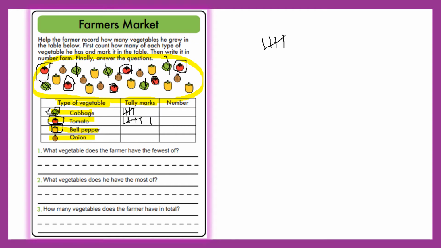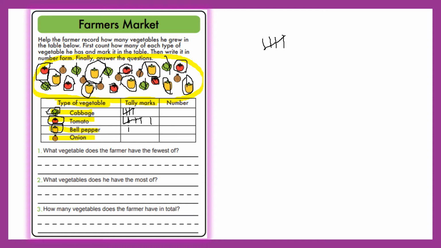The bell peppers look like that. It's kind of a yellow looking pepper. All right, they look like this. There's 1, 2, 3, 4, 5, 6, 7.